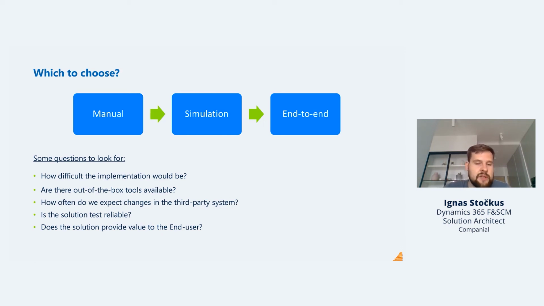By looking at these questions, we can decide what is best for each integration. It definitely can be that for one integration you will do a manual test, for another a full end-to-end test, and for another you will simply do a simulation test. And that is totally fine. That is something that can be fully done.